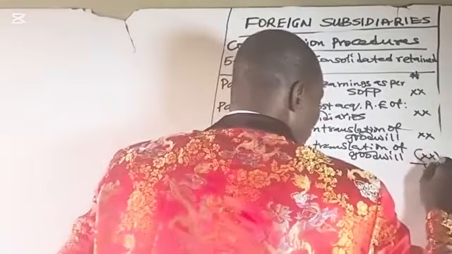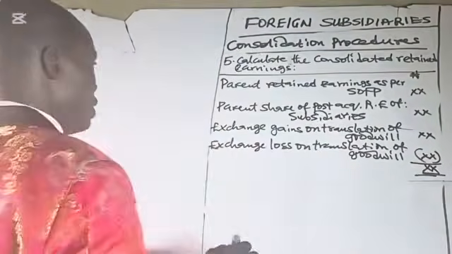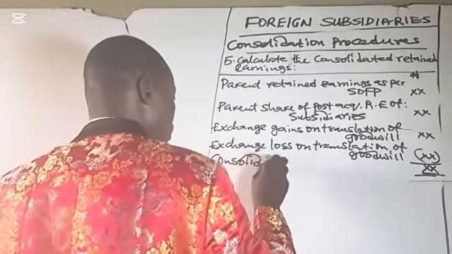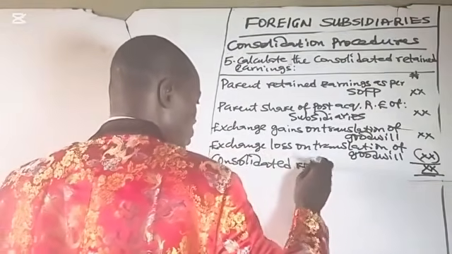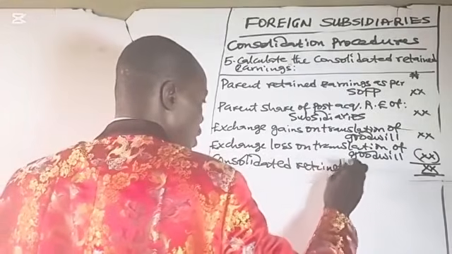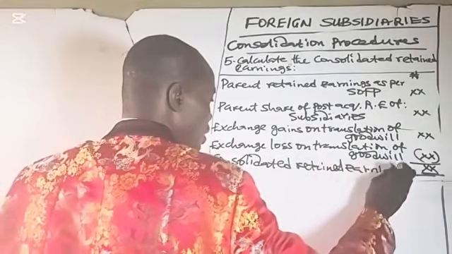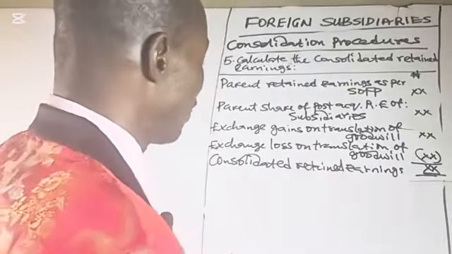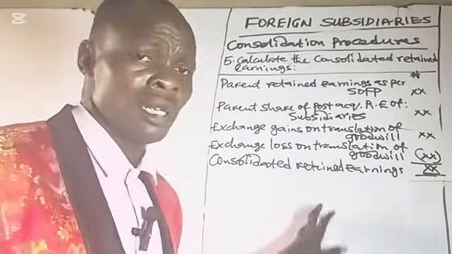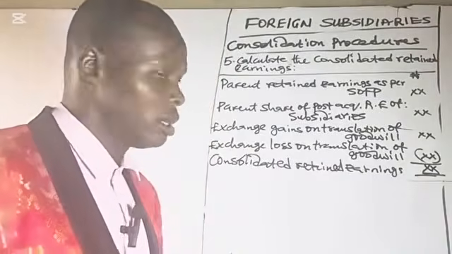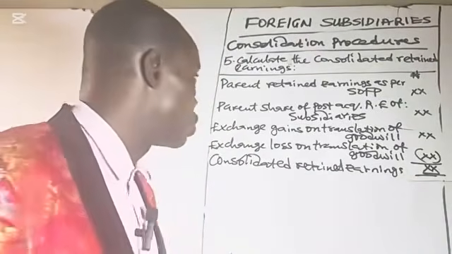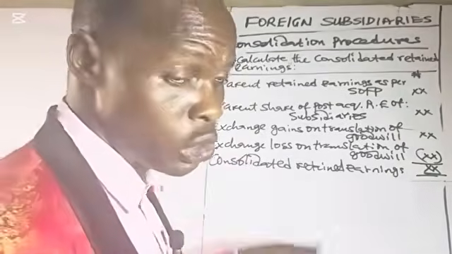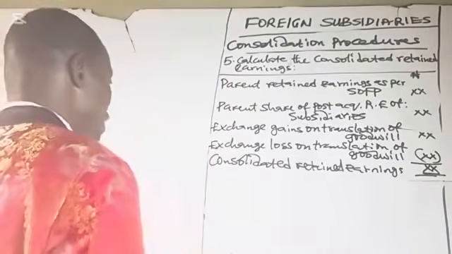Then you have the consolidated retained earnings. The necessary adjustments for realized profit, for depreciation and others will need to be done. But I believe you are used to those adjustments in my earlier videos on consolidated financial statements.